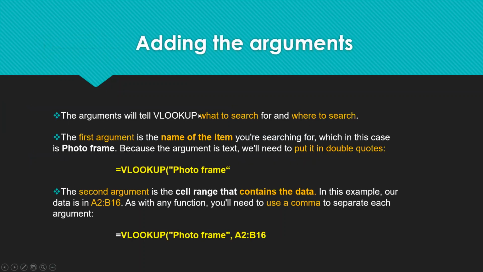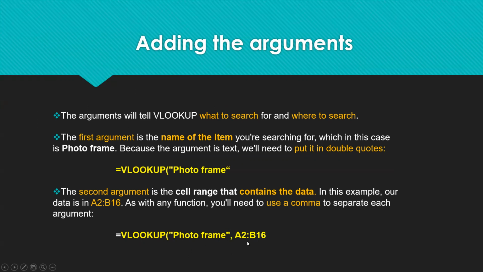Now adding the arguments. Every formula could have some arguments, or it can be empty. Here we have arguments. One is the photo frame, the actual item whose price needs to be found.